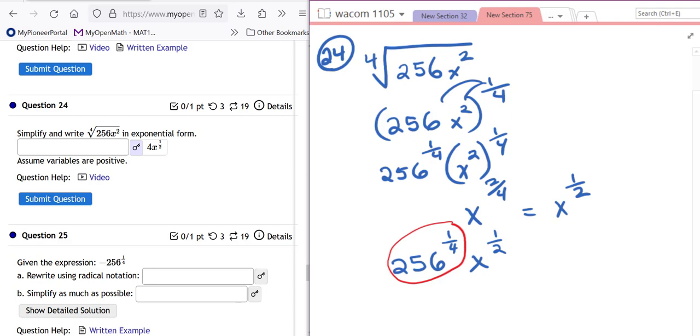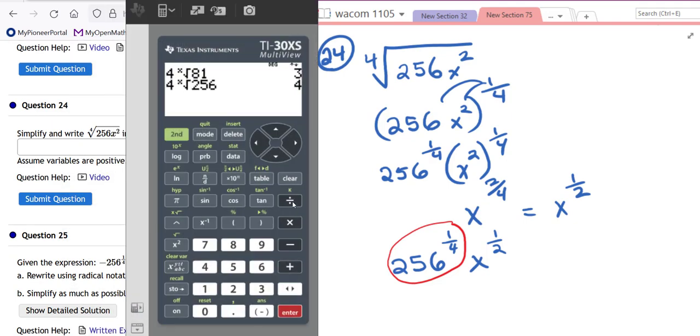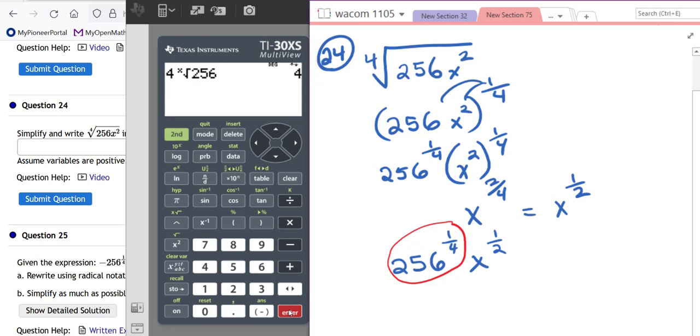Because this should be a perfect fourth power. Right, so 4, second function, any power, 256. And so that is 4, x to the 1/2.